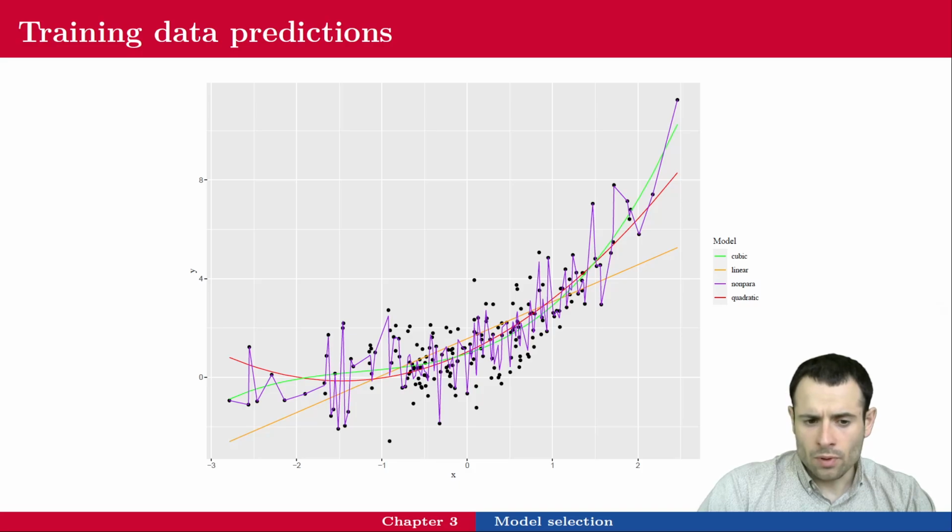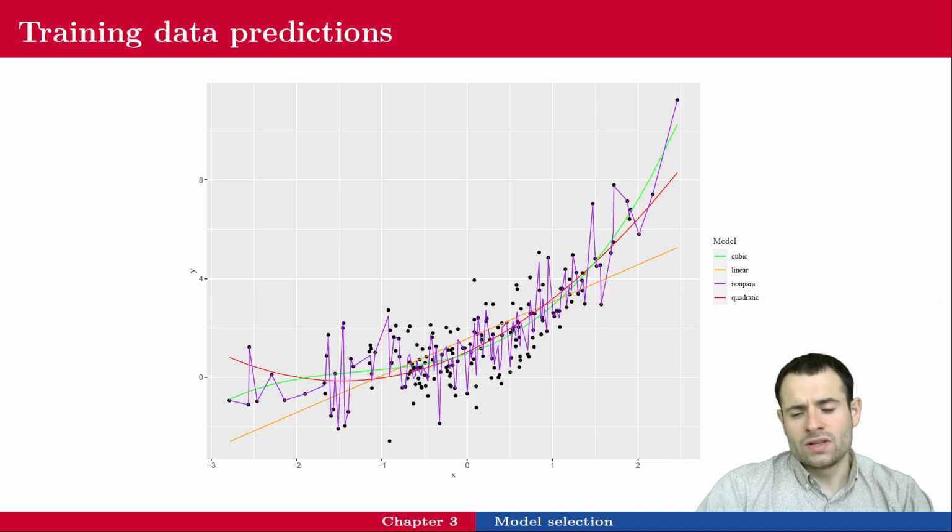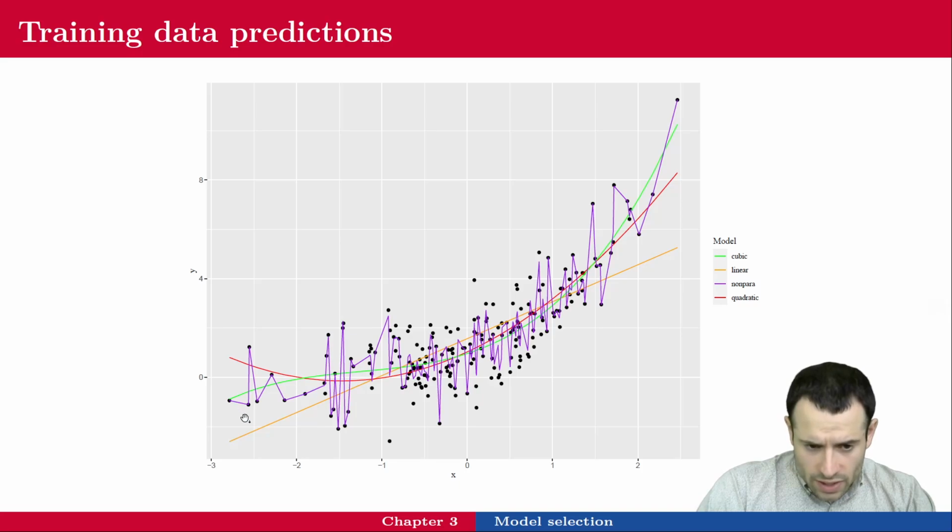The third one, the purple line, is the non-parametric method. I don't want to go into detail about how to obtain those predictions. You can check my code in the RMD file later. The idea is that I made this model very flexible on purpose. It is so flexible that you can see the regression line is actually picking up not all, but many of the data points. This means that if x is equal to -1 here, my prediction is also -1.